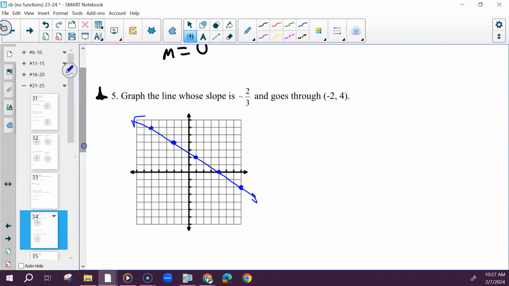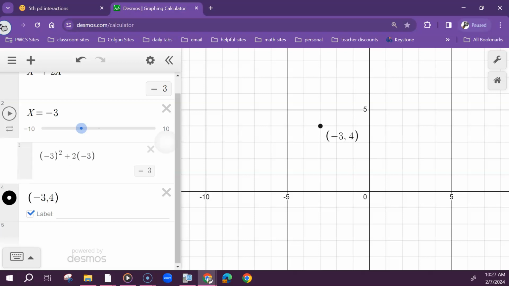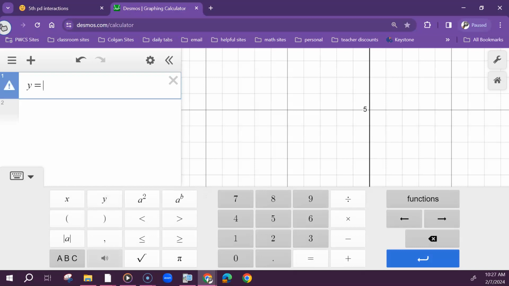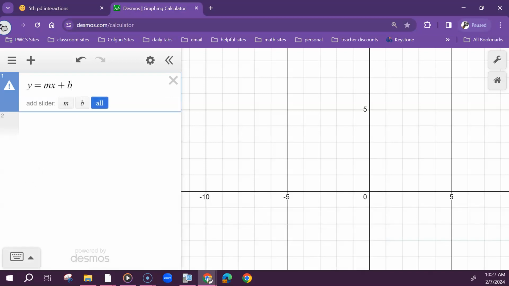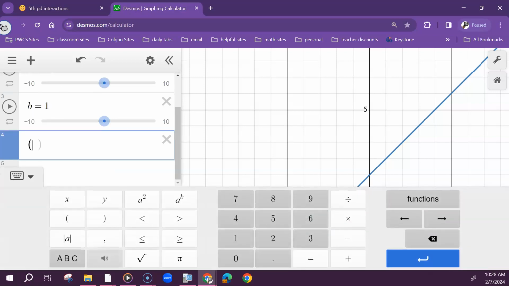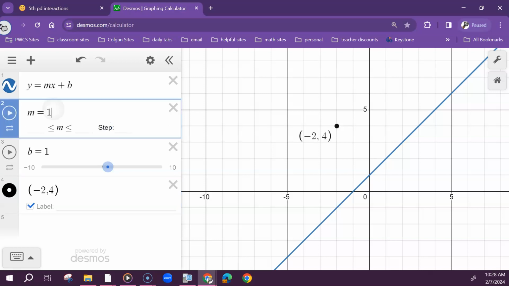If you were double checking this in Desmos, we could put in our equation y equals mx plus b. Add all the sliders. Put in the point -2,4. Change our slope to -2/3.